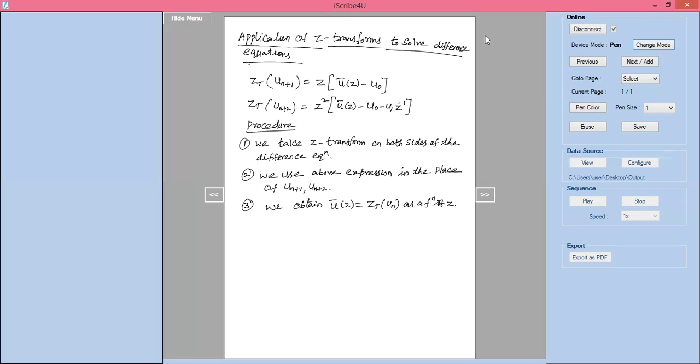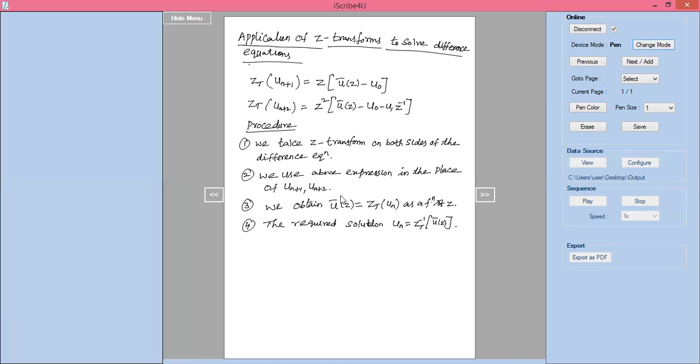Next, the required solution: un equals Z inverse of u bar of z. Now see, first they will give a difference equation.